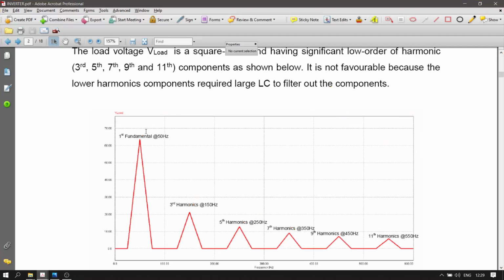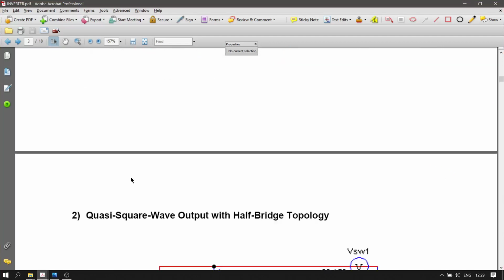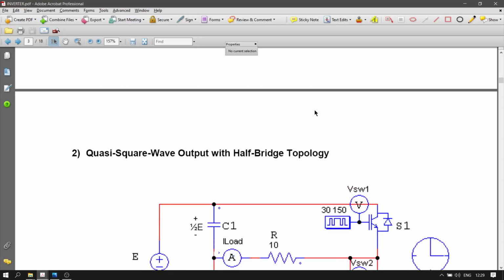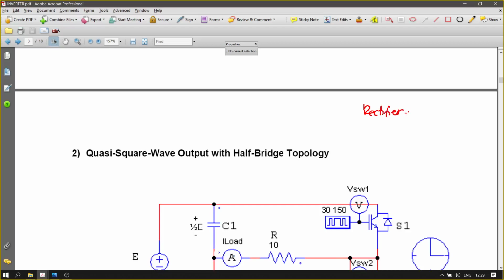Okay, and next we have this quasi square waveform. Remember, for the quasi square waveform, look back at when we did the rectifier, you had the quasi square waveform, isn't it?